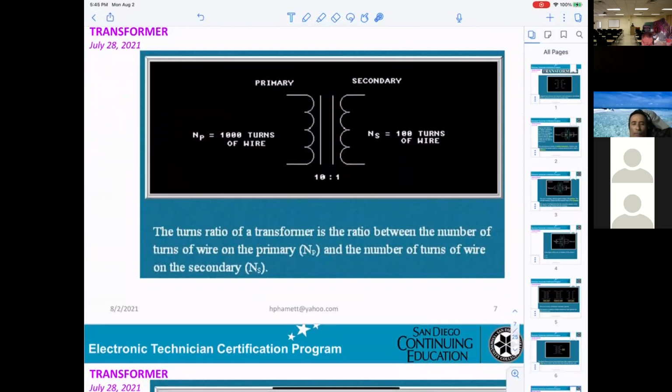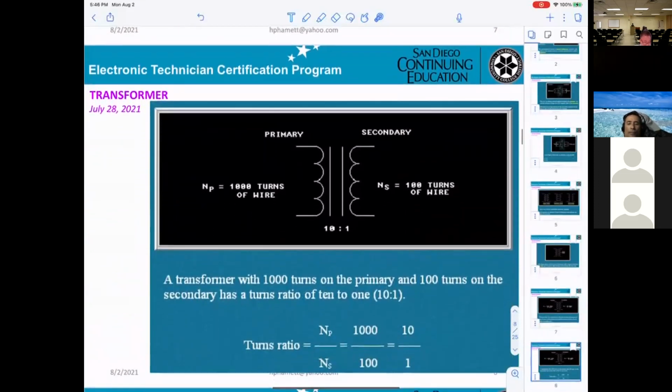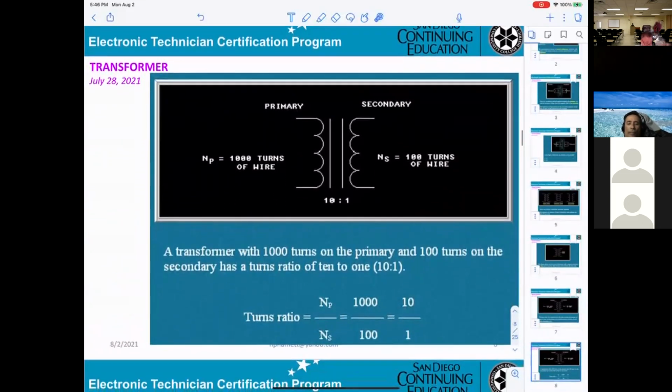The turn ratio of a transformer is the ratio between the number of turns of wire on the primary, NP, and the number of turns of wire on the secondary, NS.